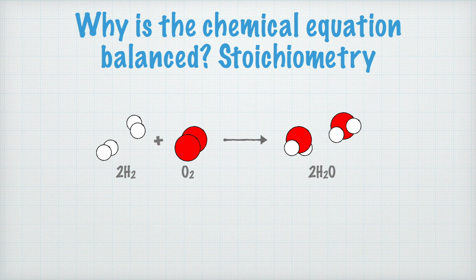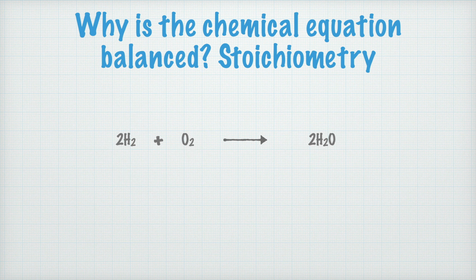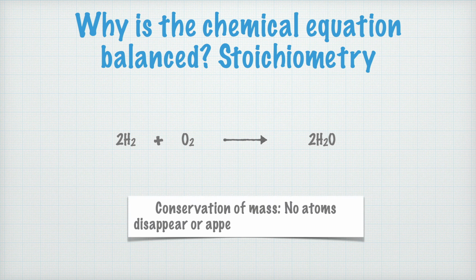Nothing suddenly disappears or appears out of nowhere. Everything is still there. So this is the balanced equation: 2H2 plus O2 turns into 2H2O. Now copy this and add this comment. The mass is conserved. Nothing disappears or appears out of nowhere in the reaction.